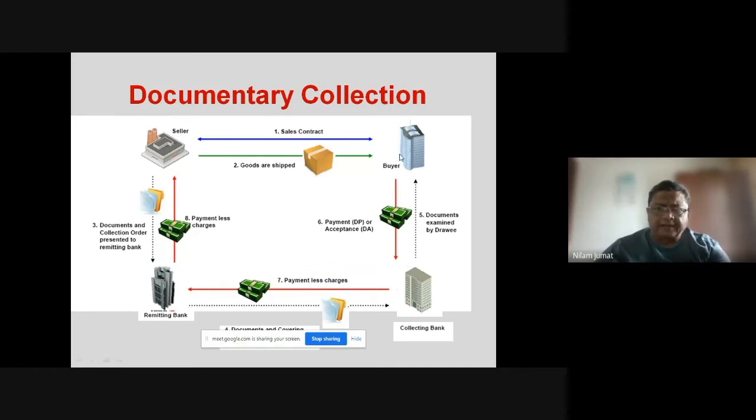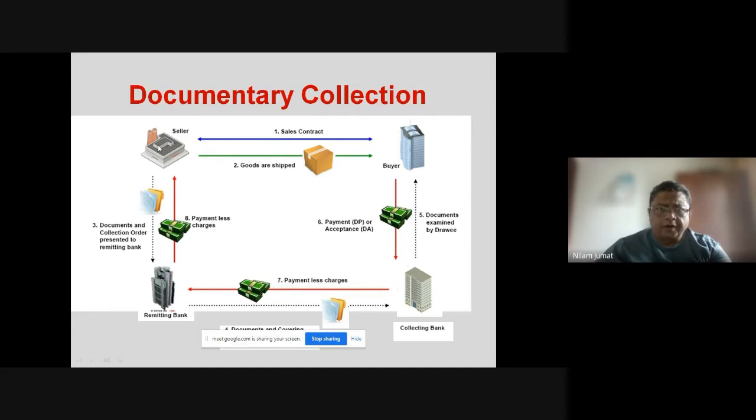So once the importer comes to the importer's bank and pays, the bank will release the BL, invoice, and the certificate of origin to him, and then he can go to the port and clear the goods, right?